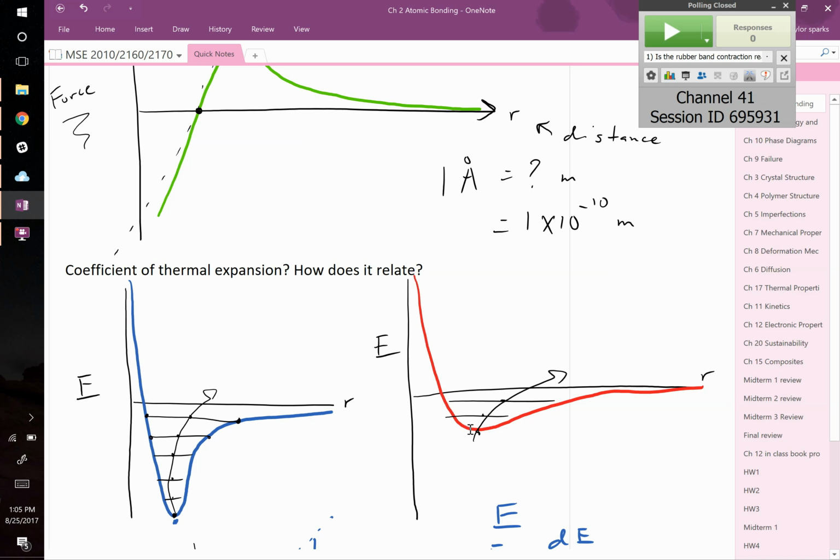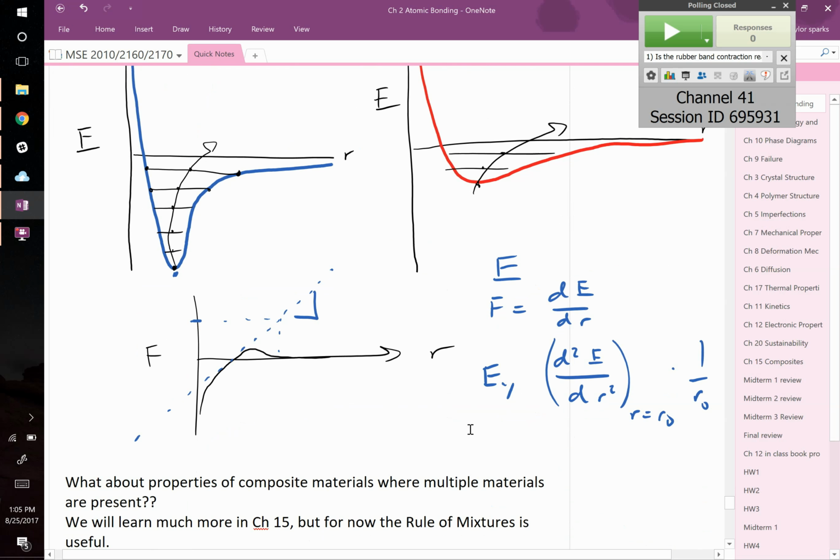It has a greater curvature, right? If the curvature is greater, then the second derivative is larger. And we just said that your Young's modulus corresponds to the value of that second derivative. So it's not surprising to find that ceramics, which have a higher melting point and a stronger binding energy, are also stiffer by virtue of the fact that their second derivative is larger, right?